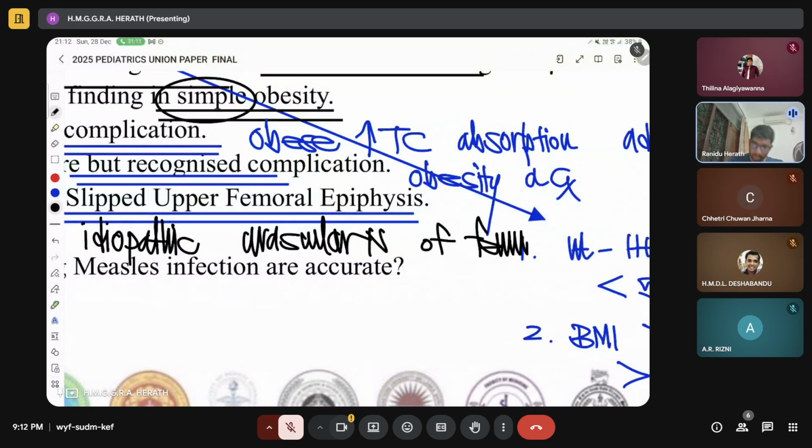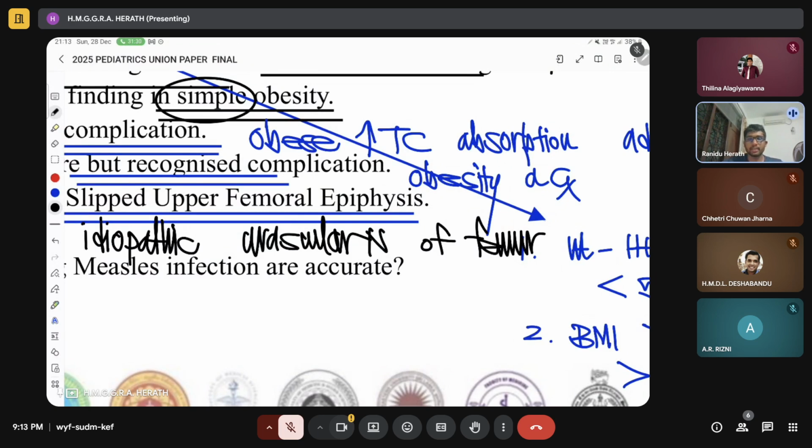Right? Can you guys go into the chapter regarding obesity in the concise textbook of pediatrics? That is a question that they will repeatedly ask in the next exams also. So we'll just confirm and go through all the answers this time and clear it up.